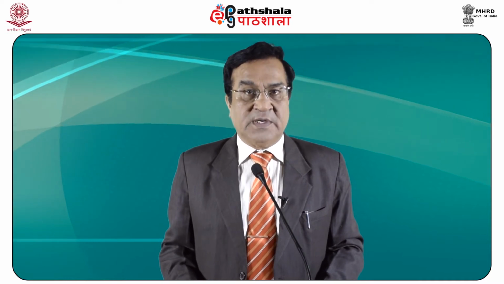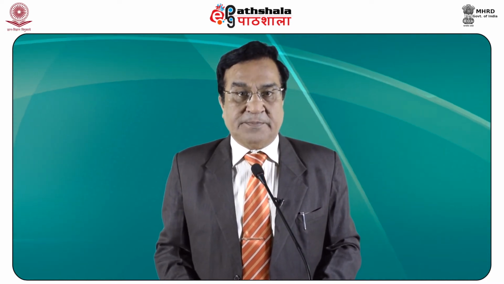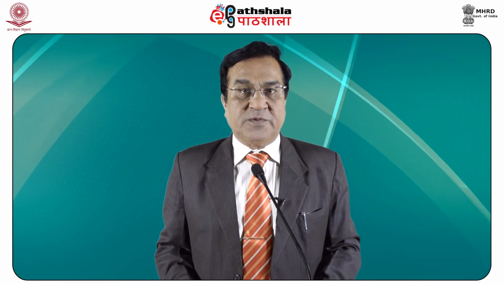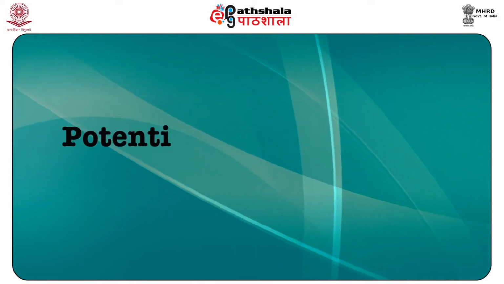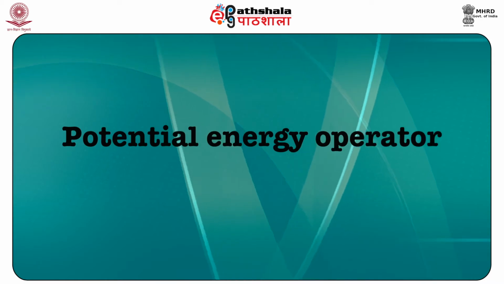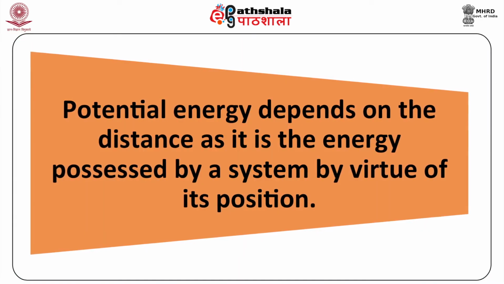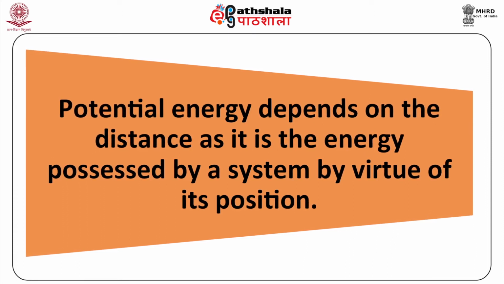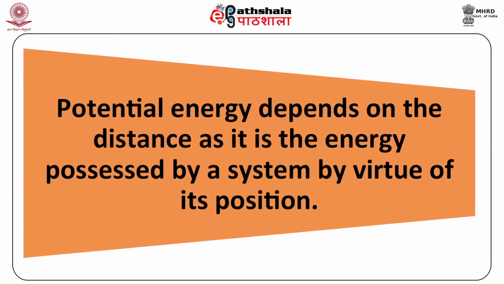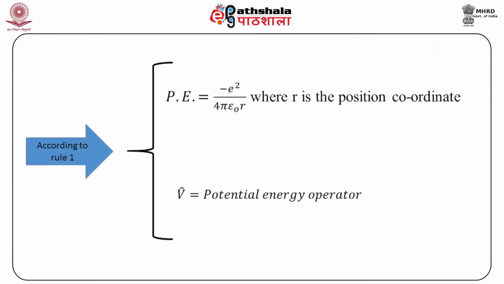Now let's take another example. Suppose we have to write the quantum mechanical operator for potential energy. Now potential energy, as you all know, depends on the distance, as it is the energy possessed by a system by virtue of its position. So the first rule is we write the classical expression.